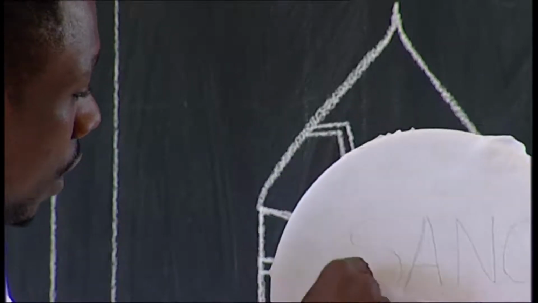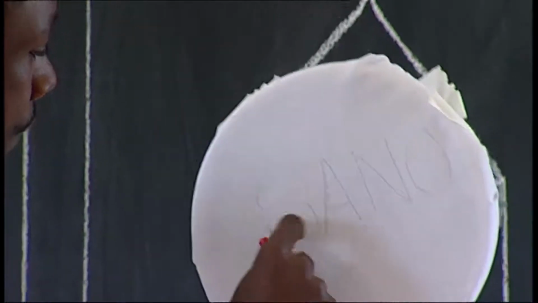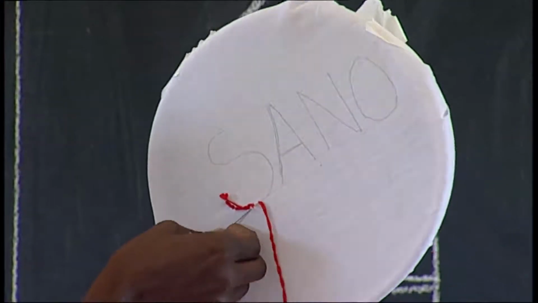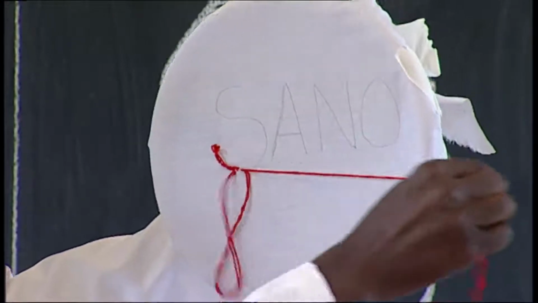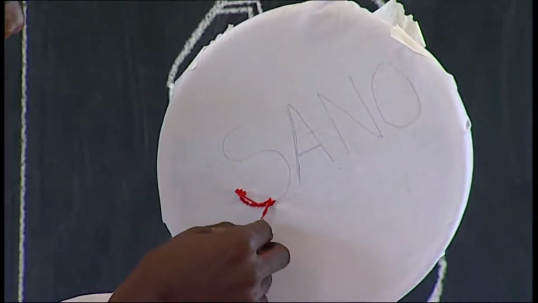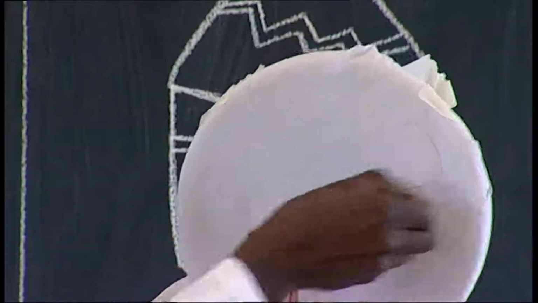Continue slowly. Slowly, slowly. I continue. I'm writing letter S. I'm doing my letter S here for the name Sano. Good.